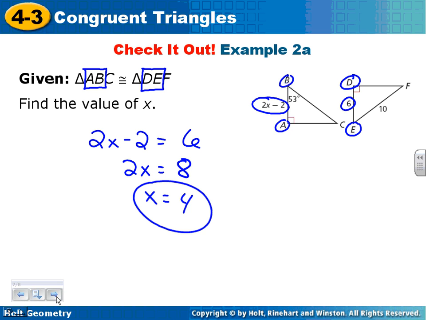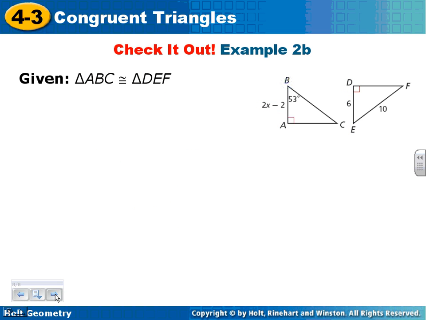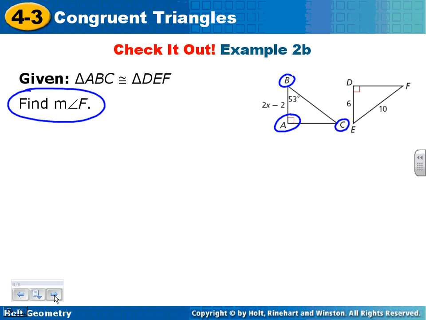With that said, last example. Same setup of triangles over there, different directions. Find the measure of angle F. Well, let's start off by finding the measure of angle C. You see angle A is a right angle, and the angle B is this 53 up here. So if I take 90 and subtract 53, that would be 37.